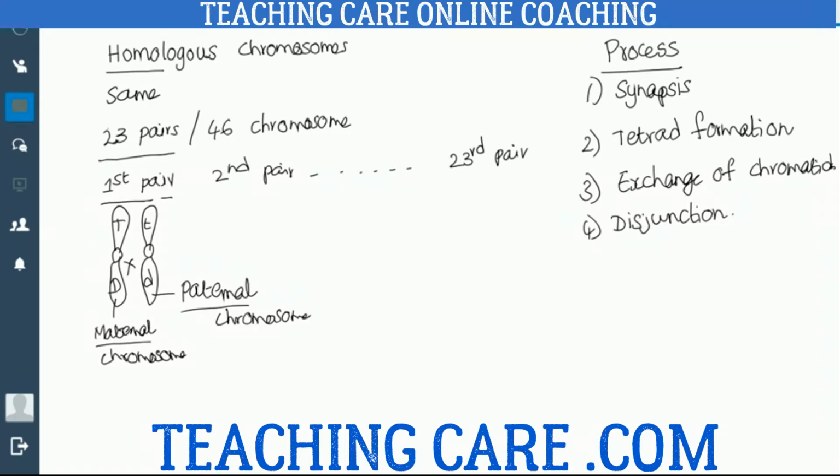So the process of crossing over has 4 steps: synapsis, tetrad formation, exchange of chromatids, disjunction. First we'll go through the steps one by one.